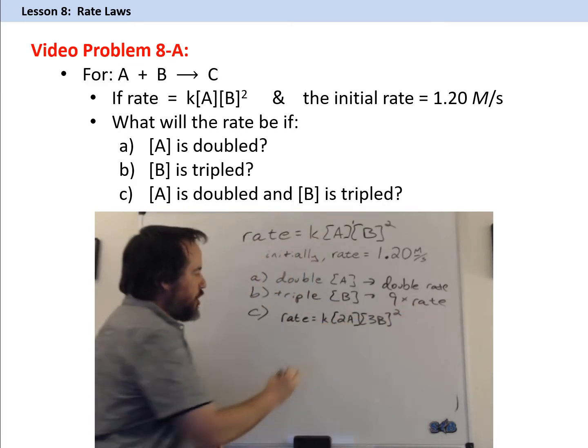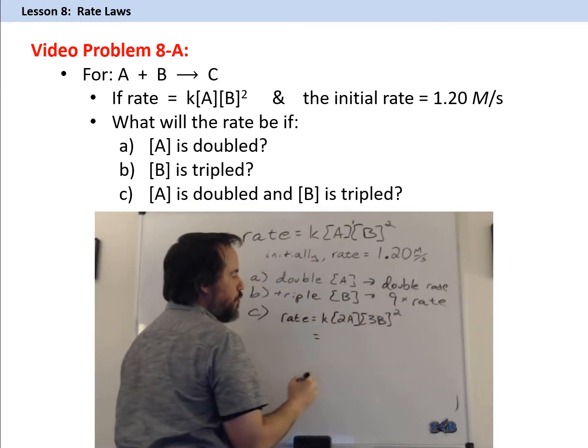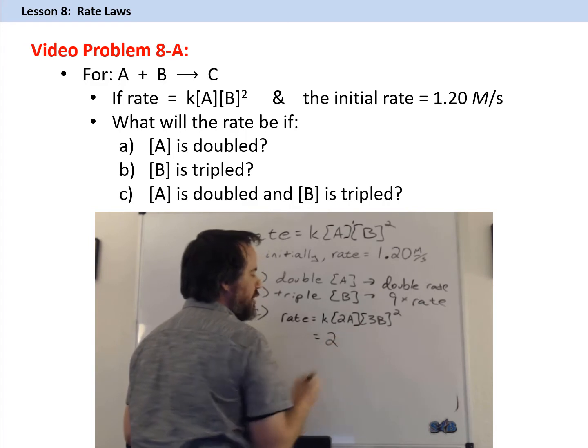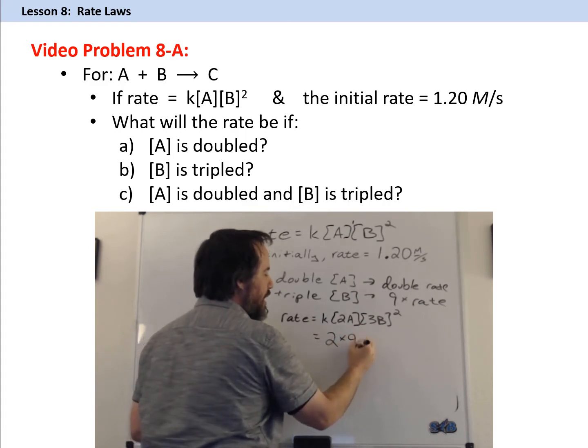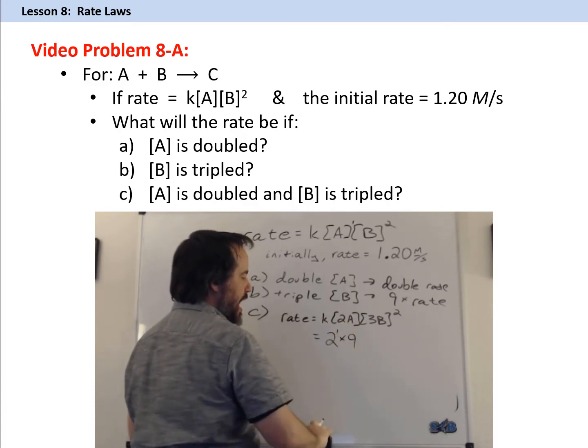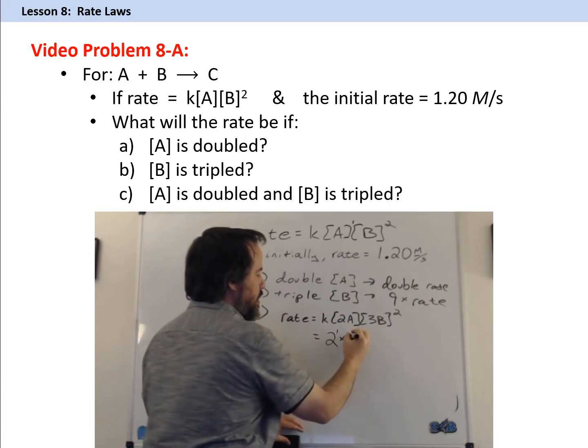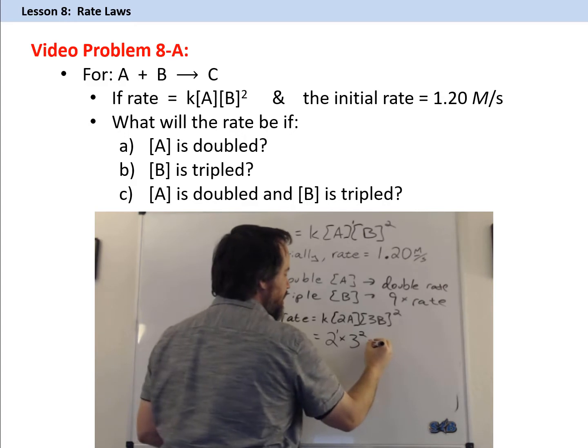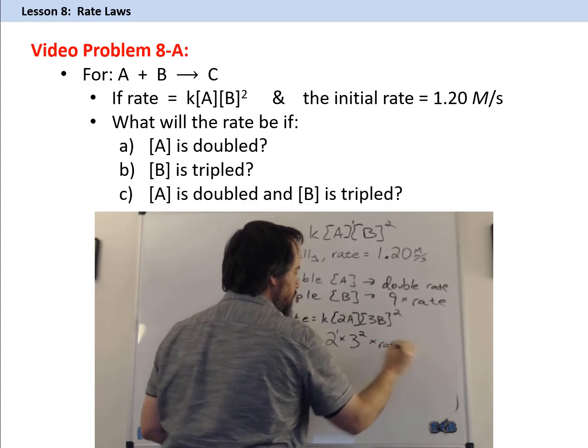So what am I going to do? I'm going to take that rate and I'm going to multiply it by 2 and by the 9, right? So it's 2 to the 1 and 3 to the 2 times my old rate. Okay?